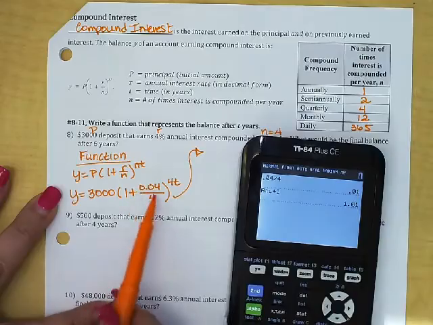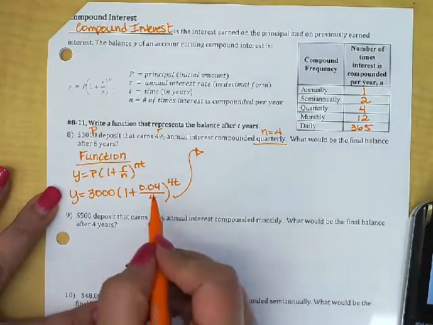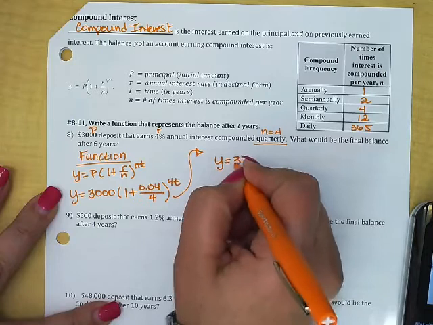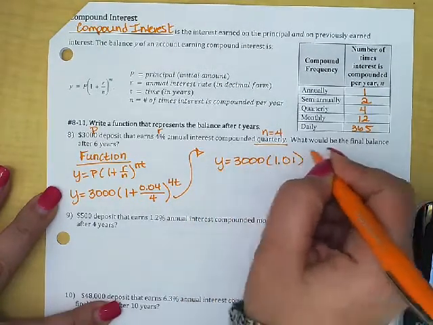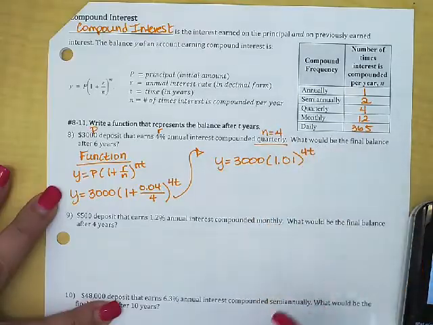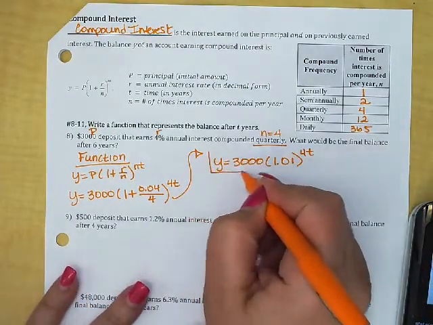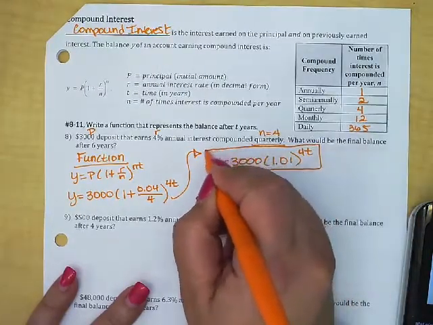So really, our real base here, our growth factor, is going to be 1.01. I just divided this and added 1 and cleaned it up. So this is a nice cleaner version of the same problem. And up here, it's going to be a 4t. That would be the first part of this, which is coming up with the compound interest equation that models this situation.